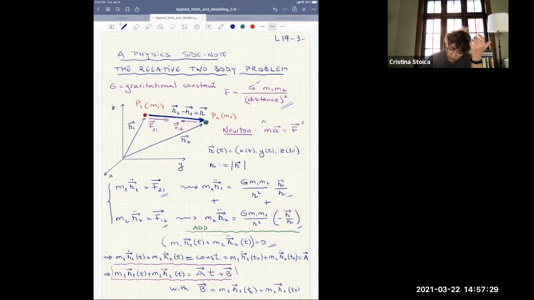Whatever is on the right-hand side, these are functions in time, so if a function in time is 0, then its antiderivative is a constant. The antiderivative of the acceleration is the velocity. So this sum of products of mass and velocities is constant. It's a constant vector, because they're vector quantities. And what is that constant? It is what it was at time 0.